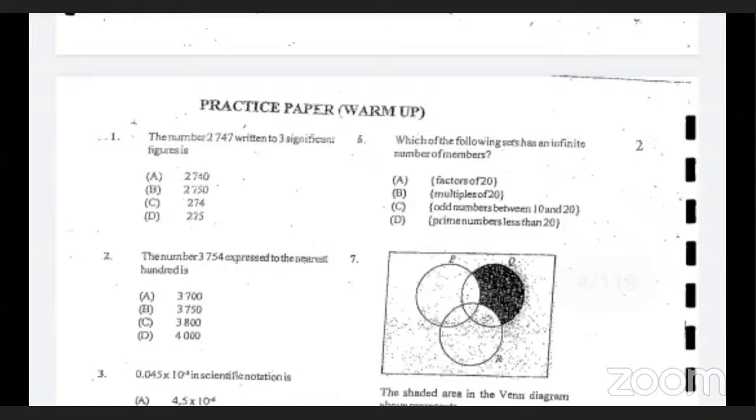Two more minutes to go, darlings. Good evening, Ron Mark. Ron Mark is my grade 6 student. Ron Mark, you're in grade 6, right? Yes, I'm in grade 6. As you have known, some of our grade 6 students that join our CSEC class are able to answer the questions really, really good.